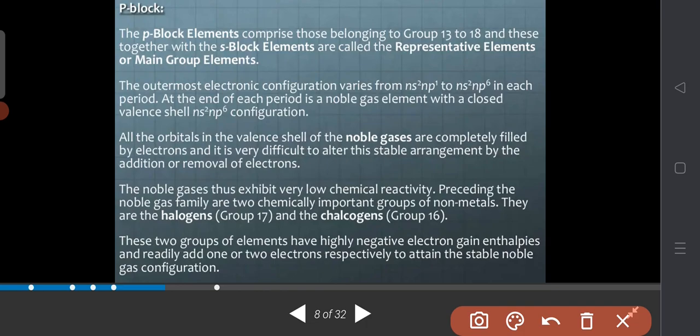So in group 13 the outermost shell will contain 3 electrons, so the outermost electronic configuration of group 13 is ns2 np1, because 3 electrons are present in the outermost shell.